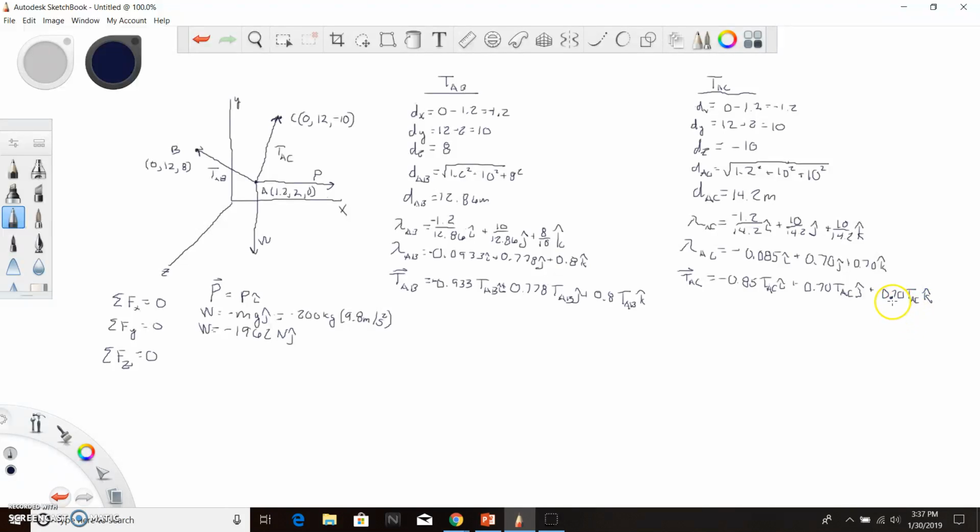Now that we have both of those vectors, we know that the sum of all of them has to equal 0.